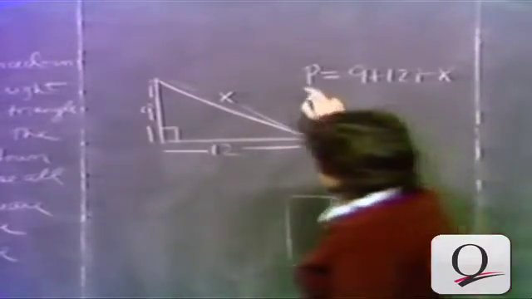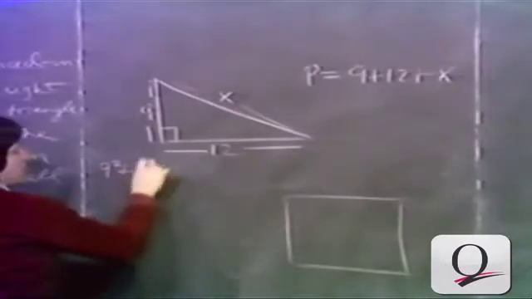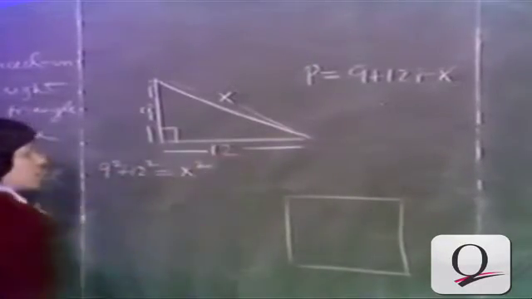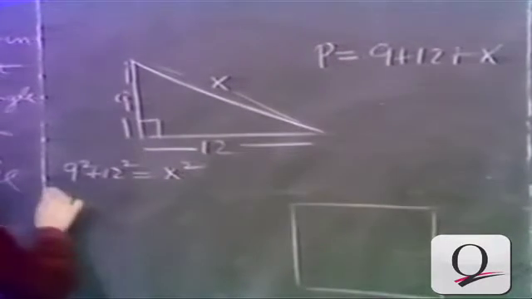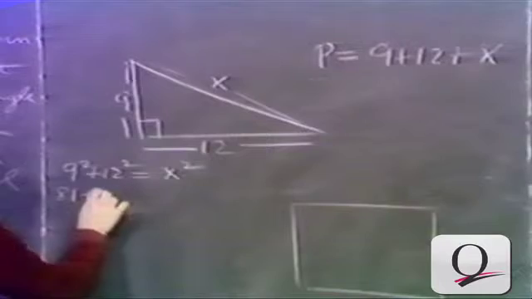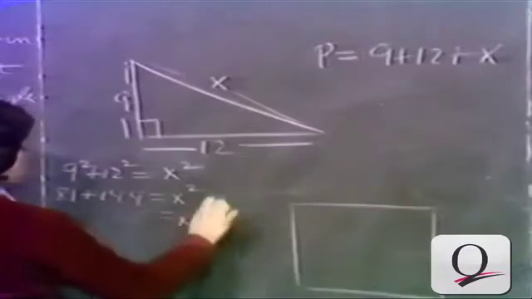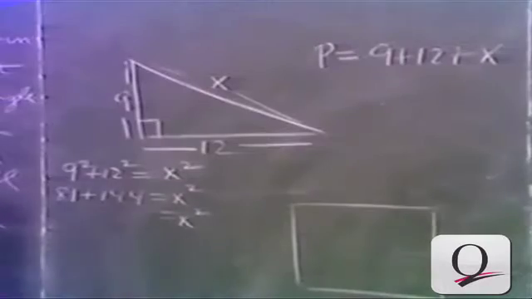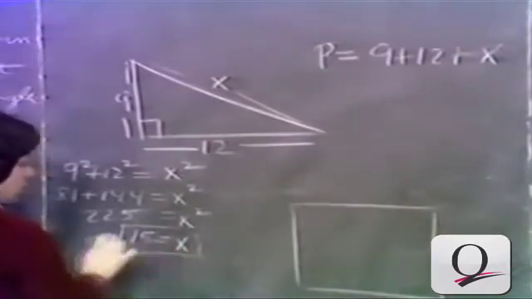So to begin with, we have that 9 squared plus 12 squared is equal to x squared, the Pythagorean Theorem. And that's 81 plus 144 equals x squared, or x squared equals 225. And that's a perfect square, and we get that x equals 15.